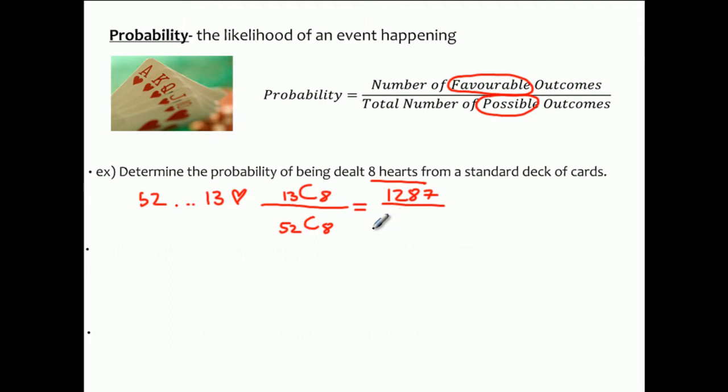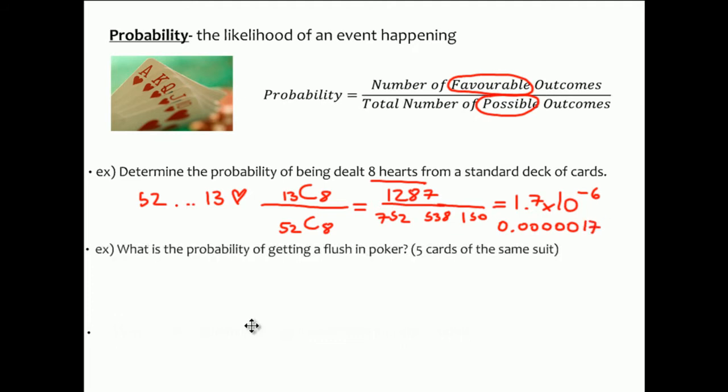And then the total number of 8 card hands is 752,538,150. When we divide these two numbers, we get the probability as a decimal. So it's 1.7 times 10 to the negative 6, or 0.000017.